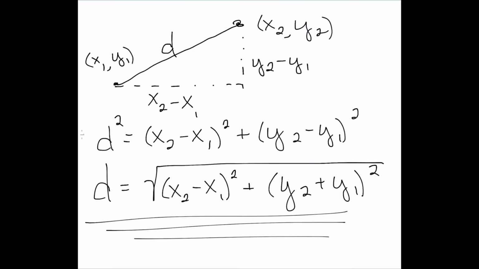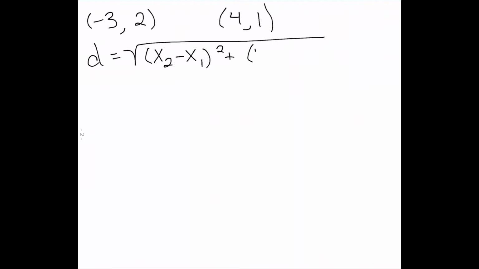So let's look at a few examples using this. I want to know the distance between these 2 points. And just a reminder, that's the square root of x2 minus x1 squared plus y2 minus y1 squared.